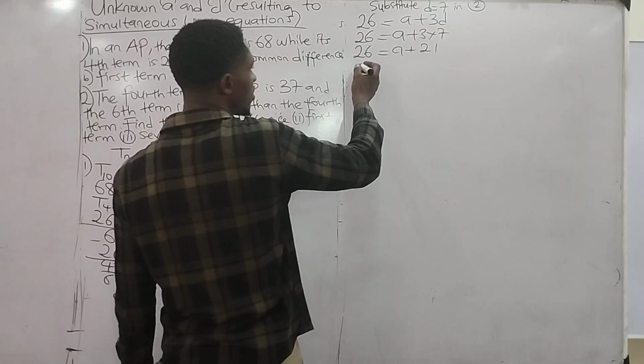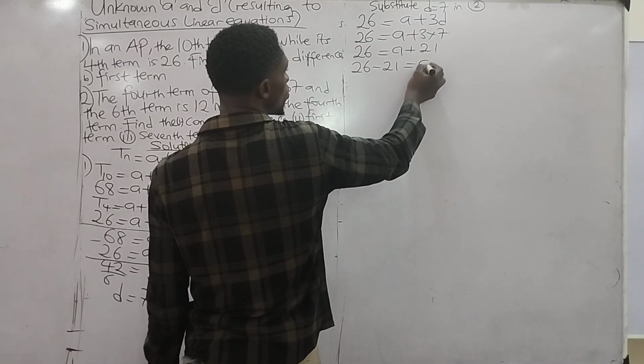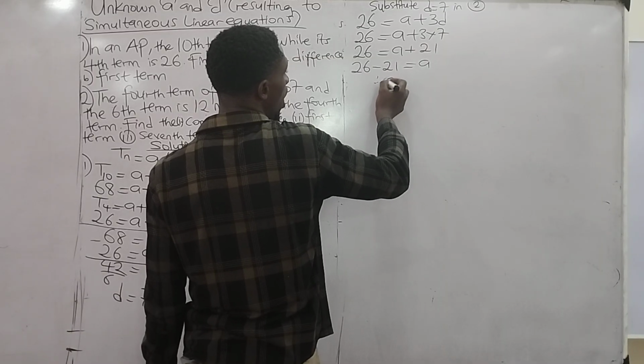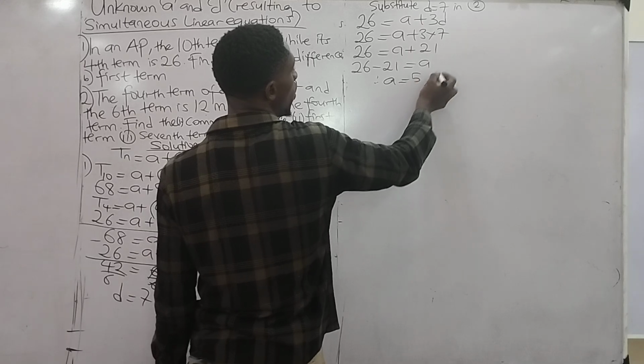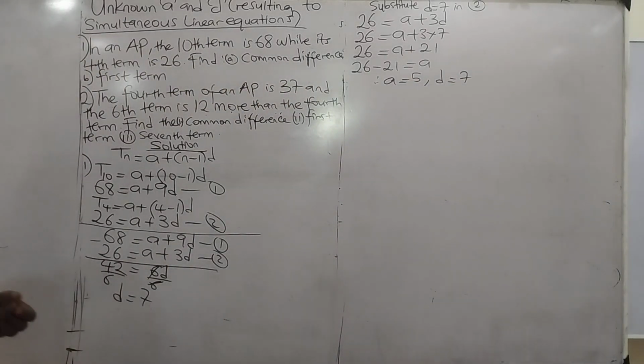You collect like terms: 26 minus 21 is equal to a, which is 5. Therefore, our first term is 5, while our common difference is 7. With this, we are done with question number one. You have to be very careful: once you get the common difference, you replace it. That is how to get the first term.